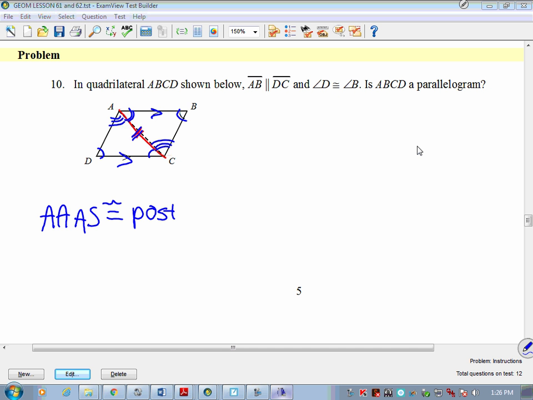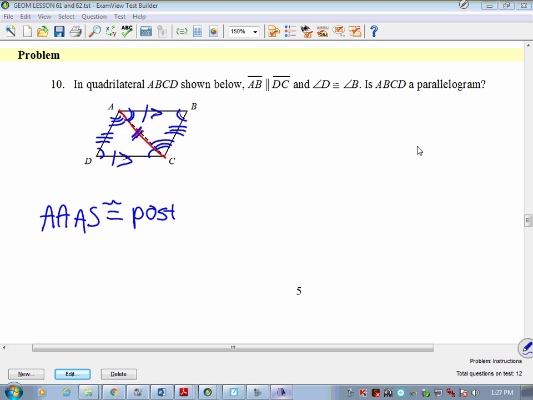Once I know that these two triangles are congruent, then I know that their corresponding parts are congruent, which means that AD is congruent to corresponding side BC. And more importantly, I know that DC is congruent to AB.